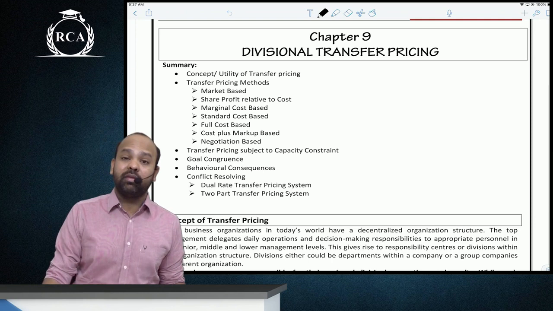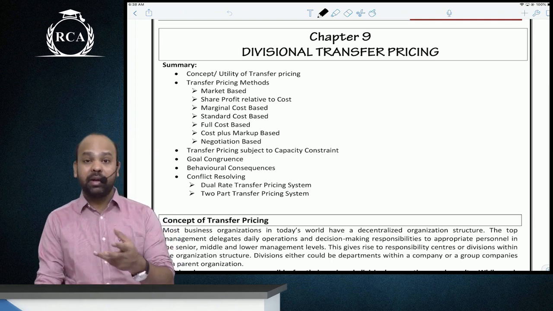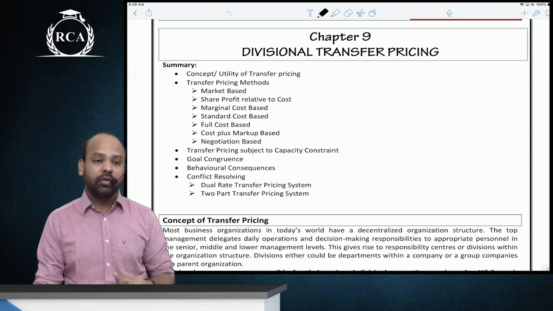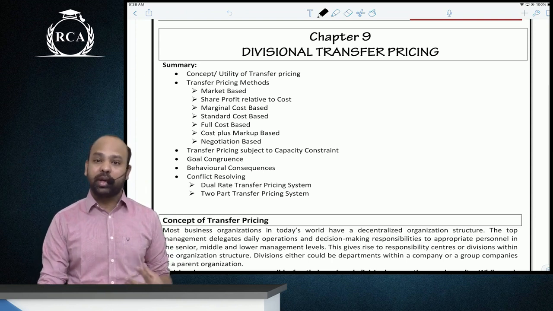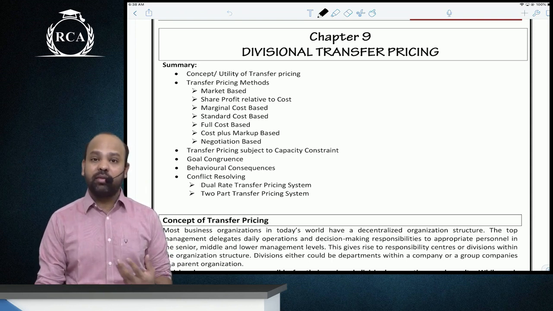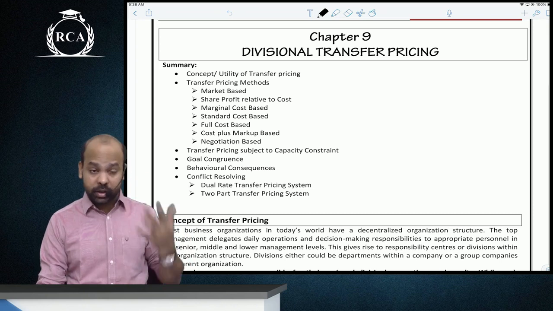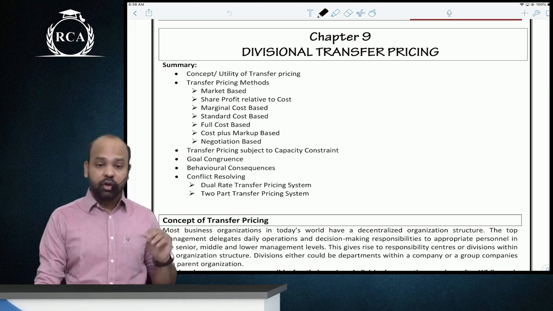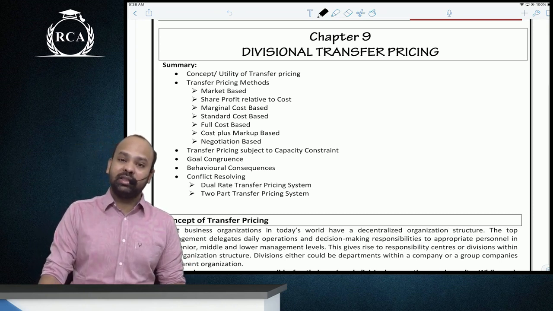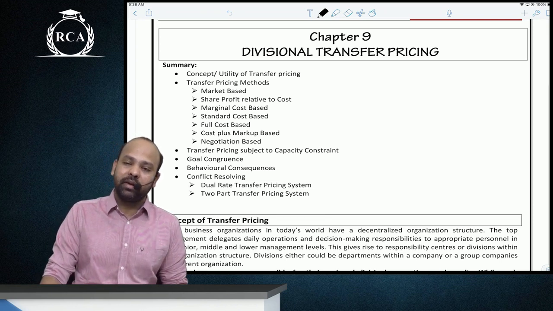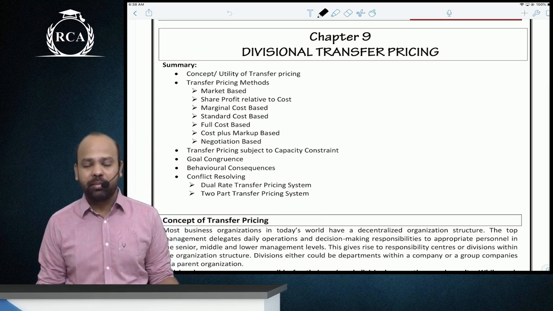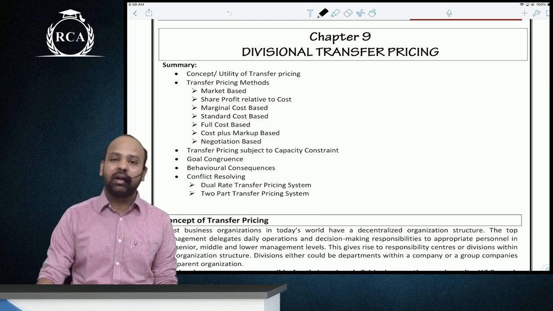Their performance evaluation will go for a toss, while the tax department is at an advantage. I'm just trying to give you an example as to why transfer pricing is important, and why we will be concentrating on this so much in this chapter.